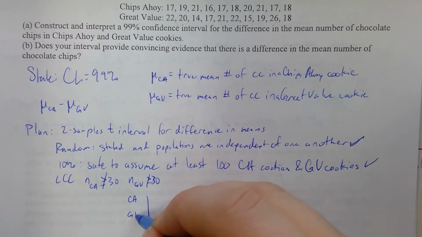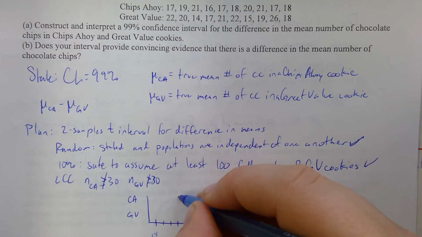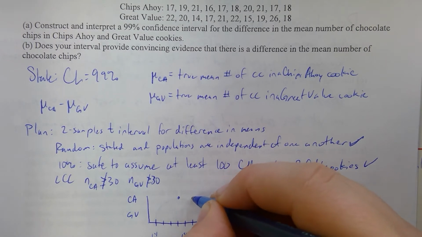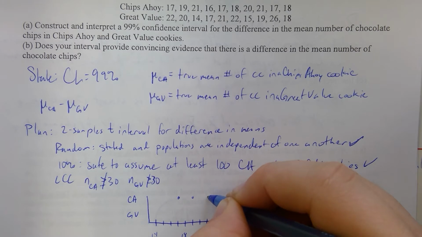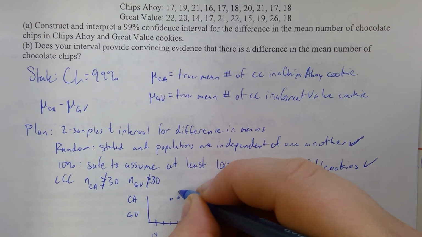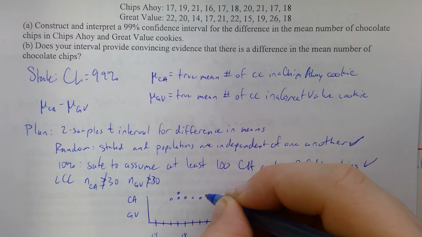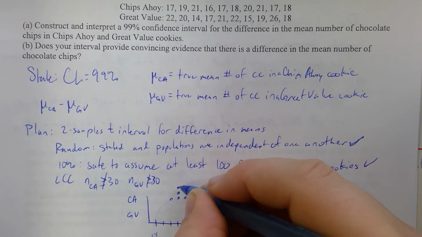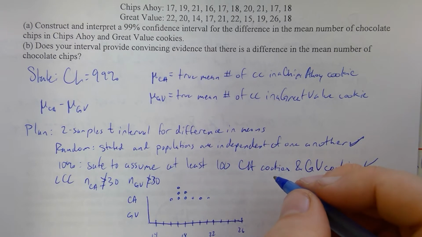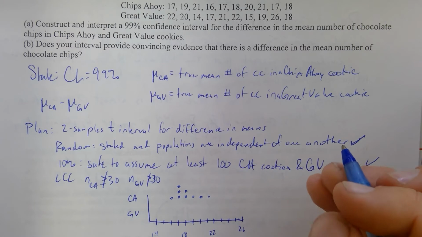Okay, so Chips Ahoy and then Great Value below it. Let's see, we got 17, 19, 21, 16, 17, 18, 20, 17, 18. That looks pretty good to me. No outliers, no major skew.